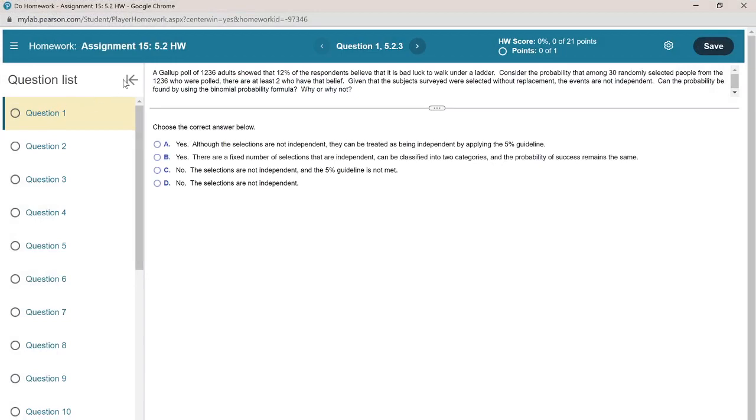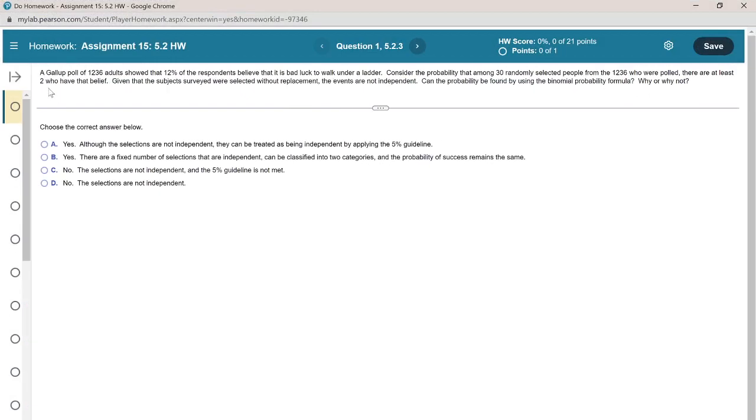Let's look at problem number 1 here. Let's read the question. A Gallup poll of 1,236 adults showed that 12% of the respondents believe that it is bad luck to walk under a ladder. Consider the probability that among 30 randomly selected people from the 1,236 who were polled, there are at least 2 who have that belief.